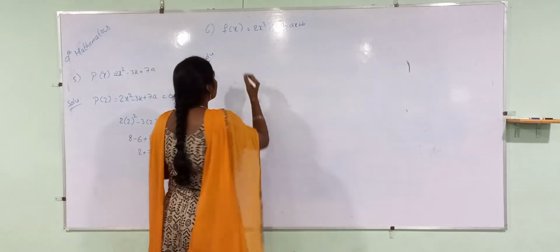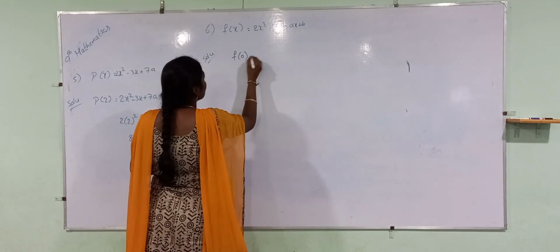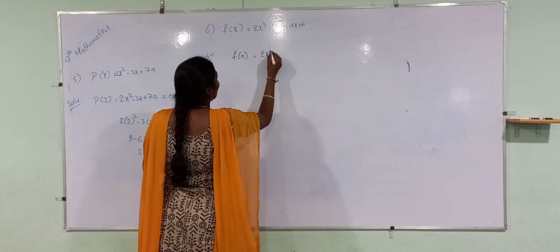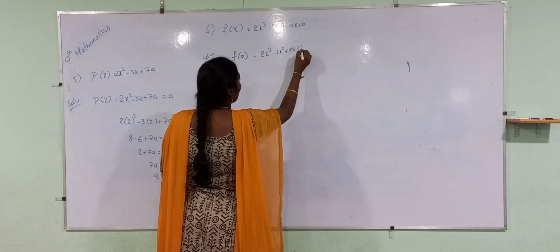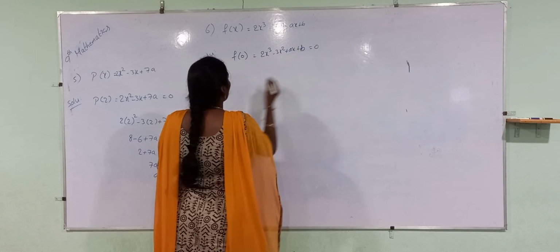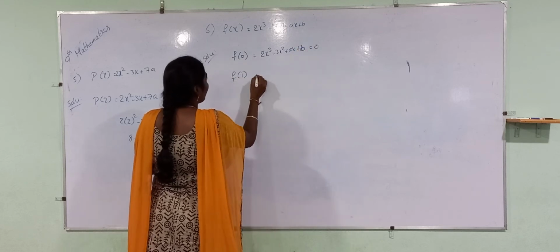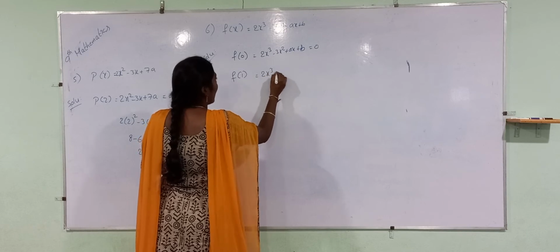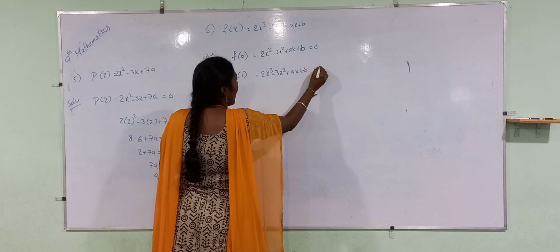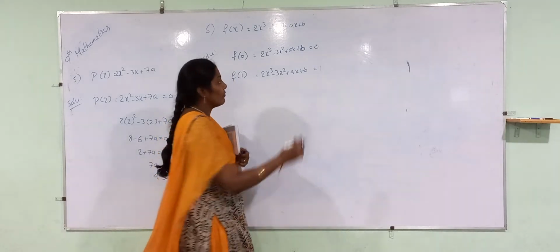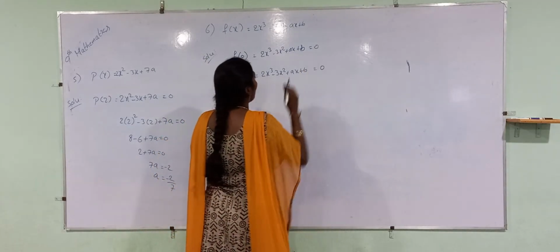It means f of 0, which is 2x cube minus 3x square plus ax plus b, becomes 0, and the same for f of 1. When we substitute 0 or 1, it becomes a zero of the polynomial.